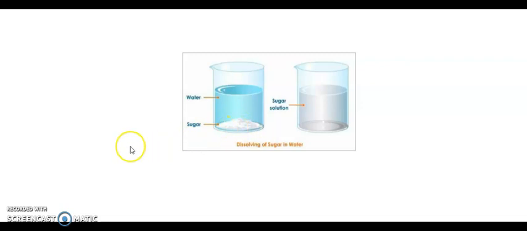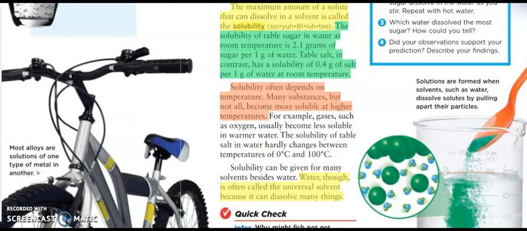So this is an example of solubility. Solubility is the maximum amount of solute that can dissolve in a solvent. Here the solubility of sugar means the maximum amount of sugar that can be dissolved in water. Of course, guys, every substance has a specific solubility.